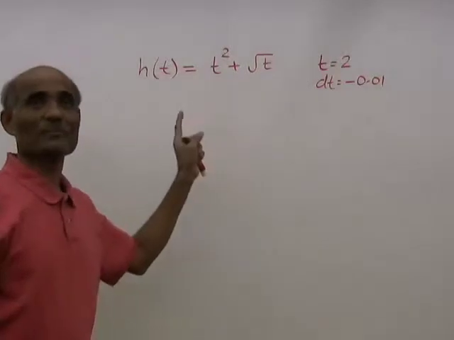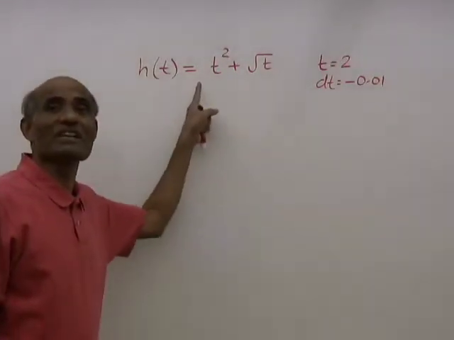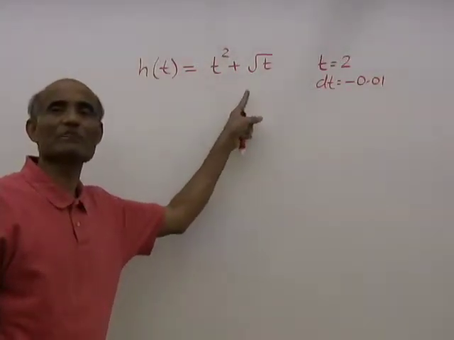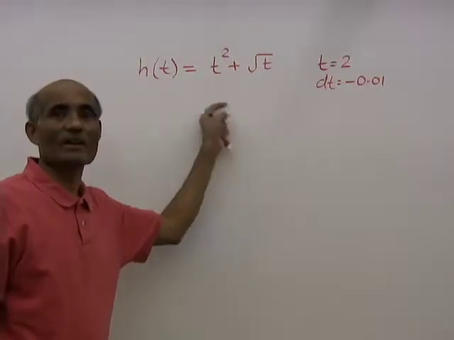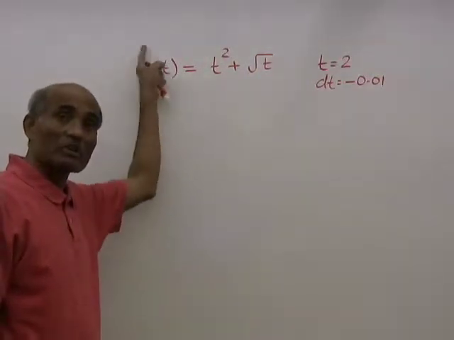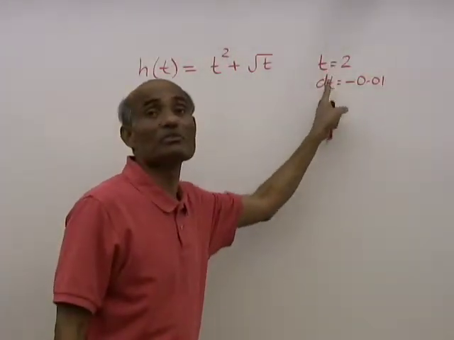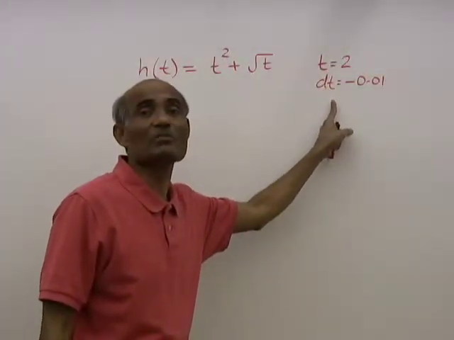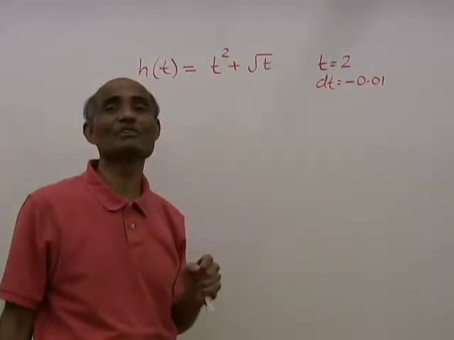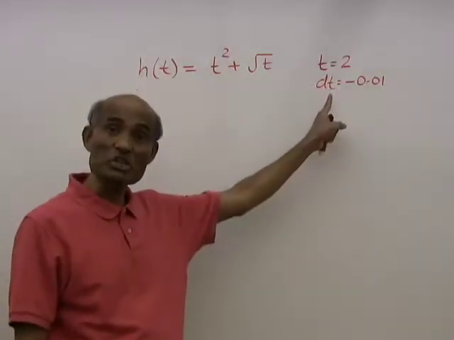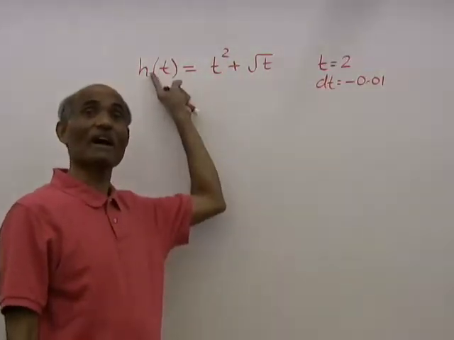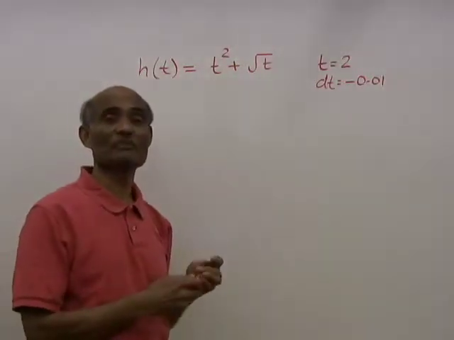Let's try another one. h of t equal to t squared plus square root of t. Find the differential of h when t equal to 2 and dt equal to negative 0.01. The differential of t is given. Find the differential of h.